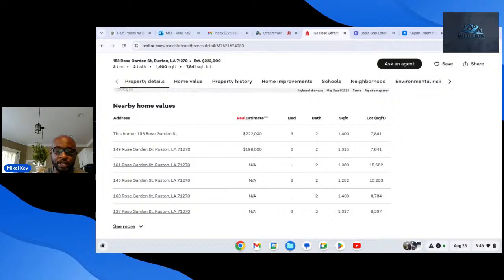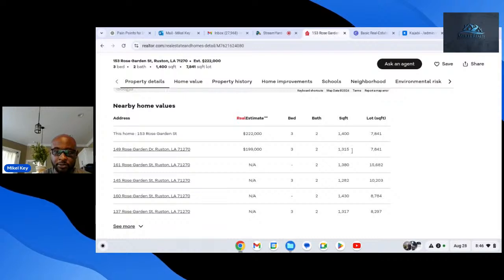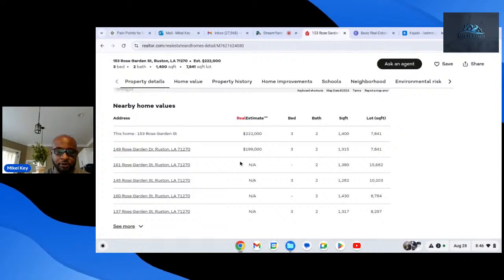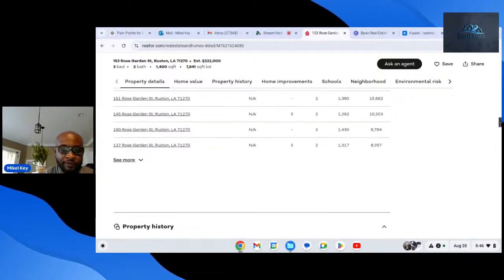I took 199,000 and divided it by the square footage number, 1,315, and that gave me $151 a foot. So if this was your area where you were trying to calculate ARV, you would take that $151 a foot and multiply it by however many square feet you have. Whatever value that gives you would be very close to your after repair value.